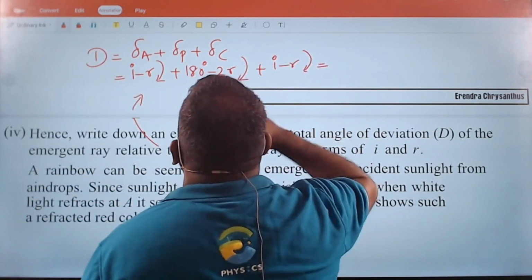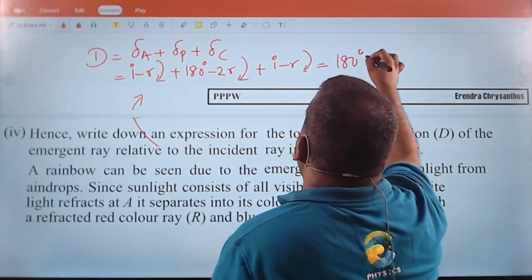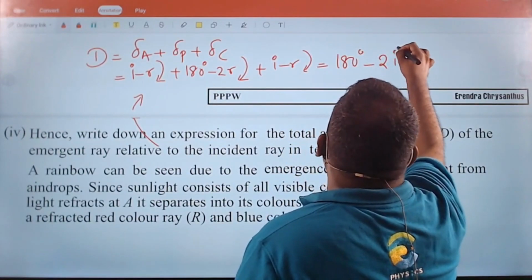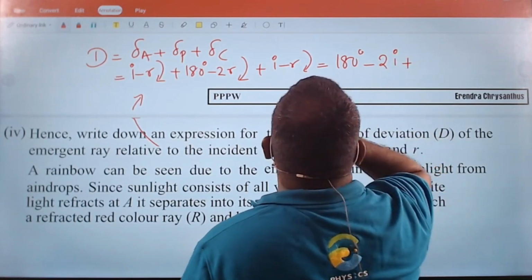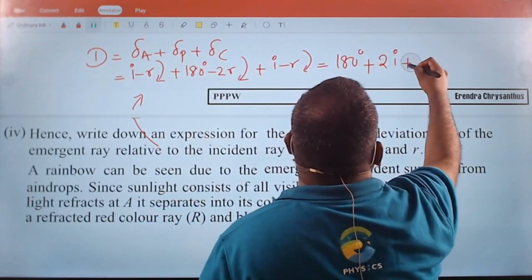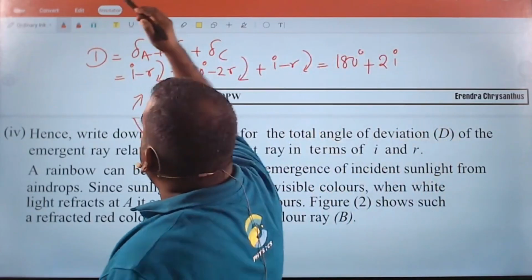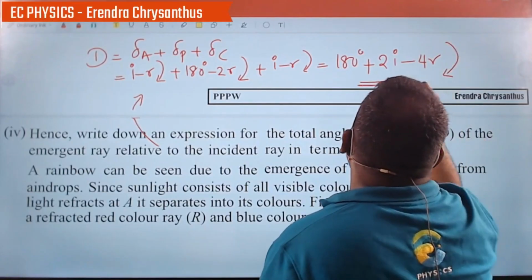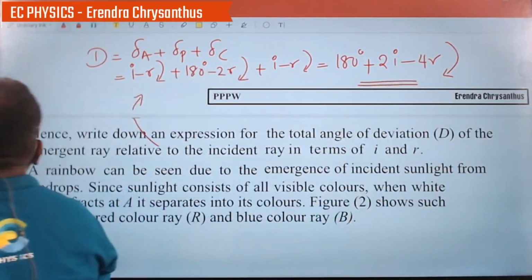All are clockwise, so directly you can add: 180 plus 2I minus 4R. That is in the clockwise direction.